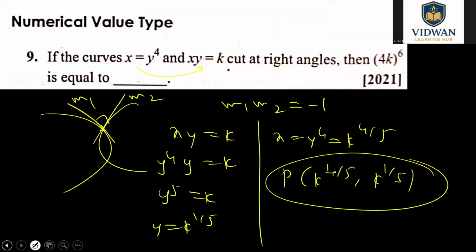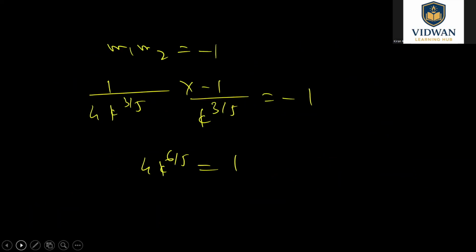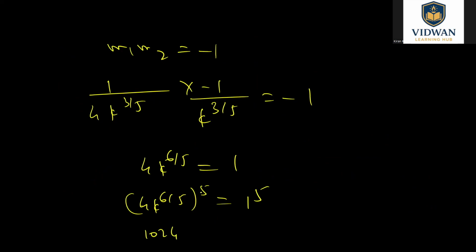And you want to actually find 4k power 6. Okay. So suppose you raise it to the power 5, what will you get? 4k power 6 by 5 whole power 5 will be equal to 1 power 5. And this will become 4 power 5, that is 1024 into k power 6, is equal to 1.